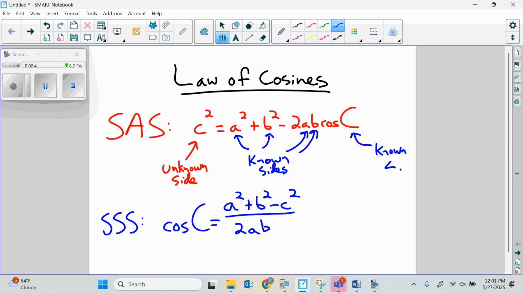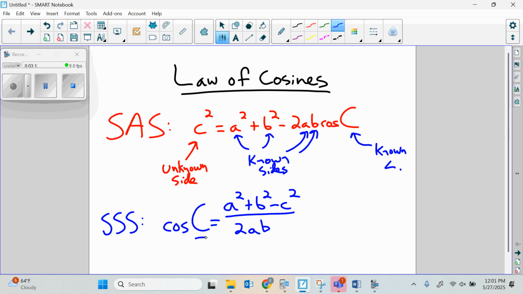This time, though, it's easier to solve for a missing angle, which is good because we already know all three sides. The important thing to understand is that the angle we're solving for, in the general equation, is capital C. If you notice, the one side that's unique out of the three sides is the c squared. It only shows up once. A and b show up twice, and it's also the one that's negative.